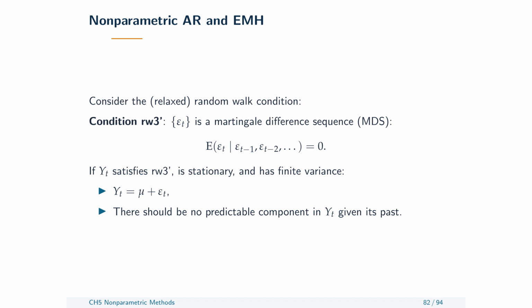Weak form market efficiency is often associated with inability to earn abnormal returns from past prices alone. A nonparametric autoregression can test a broader class of conditional mean relationships than a linear model. But statistical predictability is not automatically economic profitability.